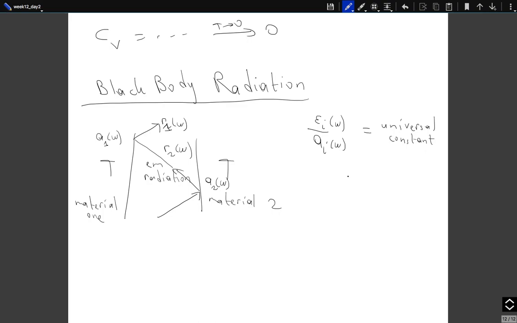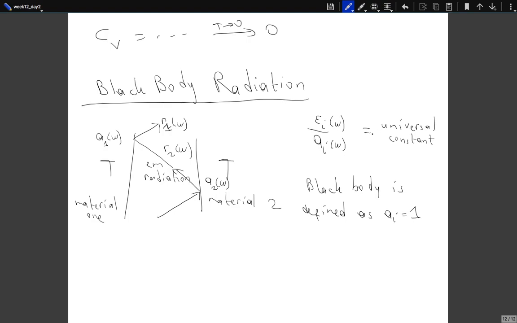So a black body is defined as A_i equal to 1. It basically absorbs everything that falls onto it.